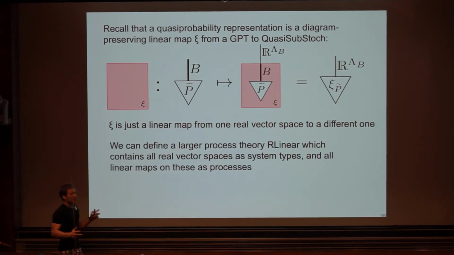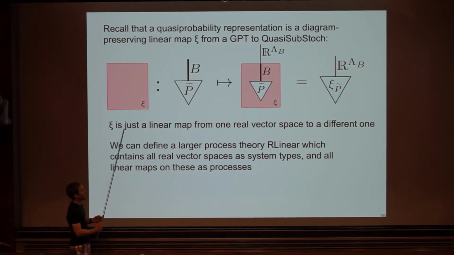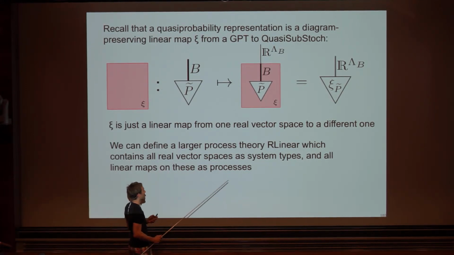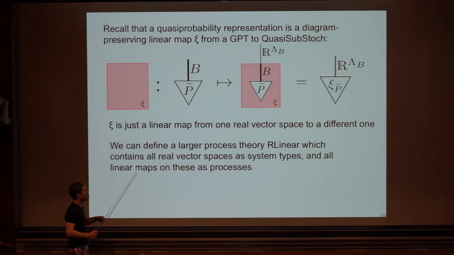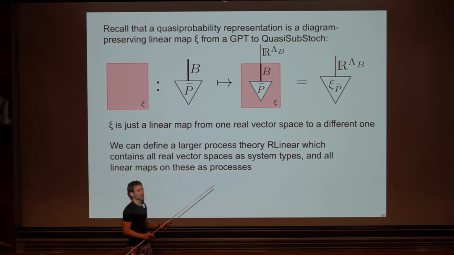So now we can change our perspective a little bit. Instead of viewing this representation map as a map from one process theory, the GPT process theory, to the process theory quasi-substock, we can view it in a different way in a sort of larger super process theory, which contains both the GPT and quasi-substock as special cases.